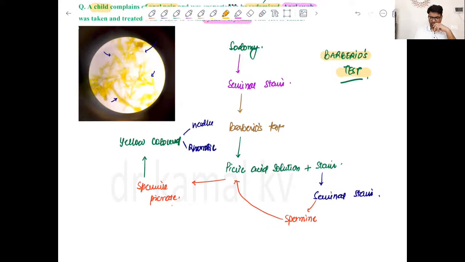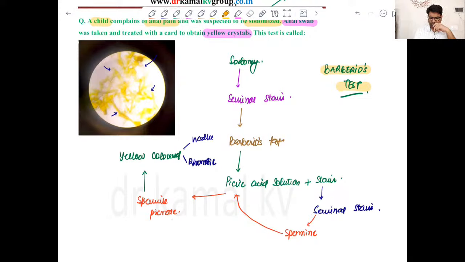Now the problem is that these crystals, if you see, are not of a fixed shape. They are not all needle shaped or all rhombic shaped. If I try to draw some outline, you will see these are so irregular.